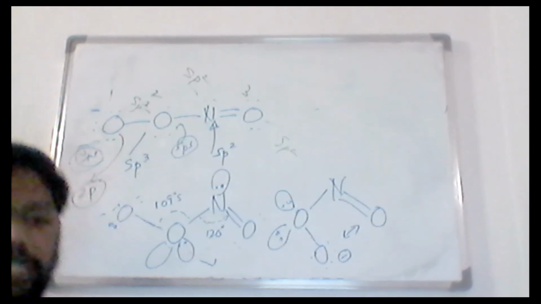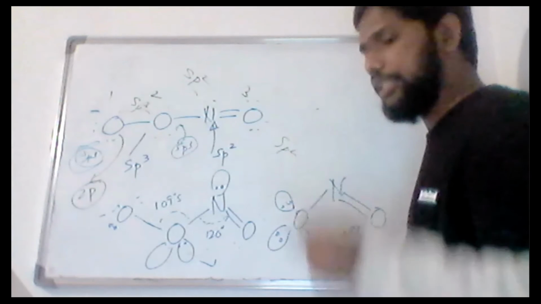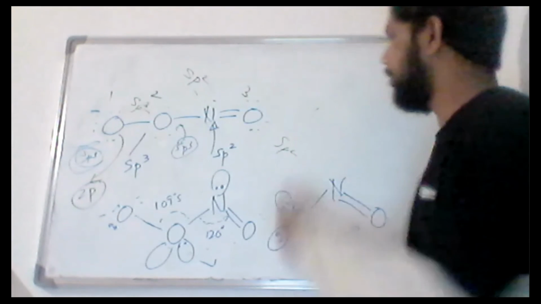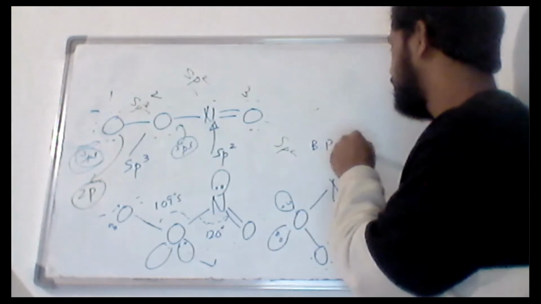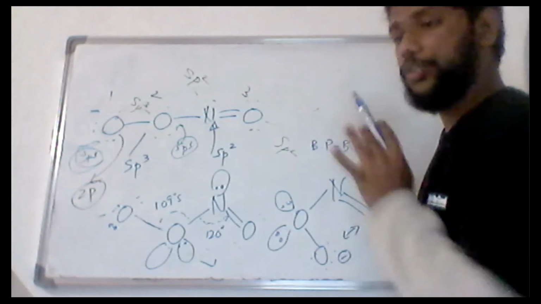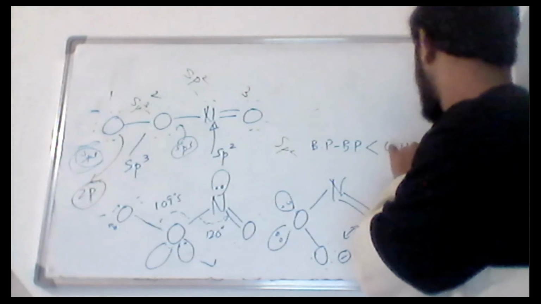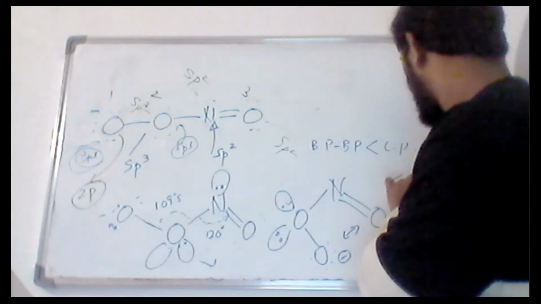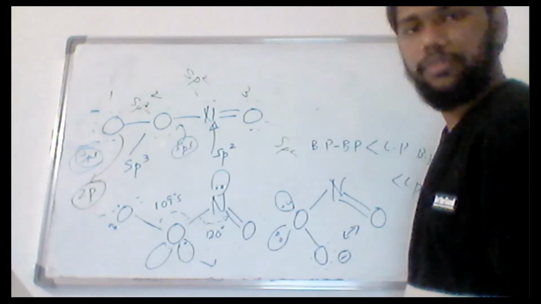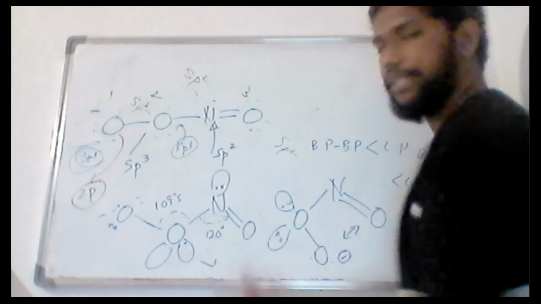But actually the angle should be different than that. The reason is, if you consider the repulsion, always remember bond pair repulsion is smaller than lone pair bond pair repulsion, and even this is smaller than lone pair repulsion. Okay, I totally agree with that. This should be less than 120.